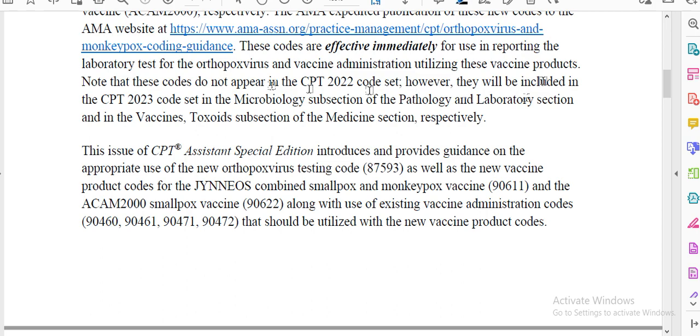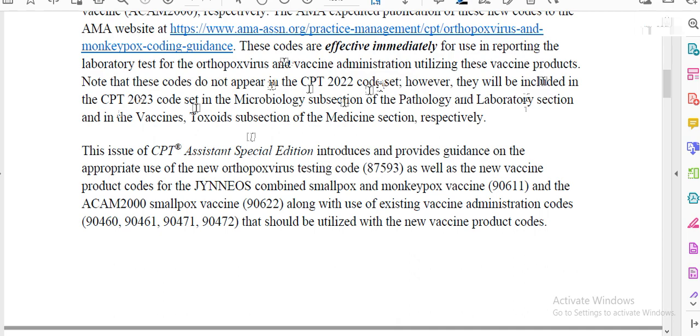However, they will be included in the CPT 2023 code set, in the microbiology section of the pathology and laboratory section, and in the vaccines toxoids subsection of the medicine section respectively. So initially we are not going to have these codes in the 2022 CPT coding book. As they said, the CPT 2023 book has all these codes.